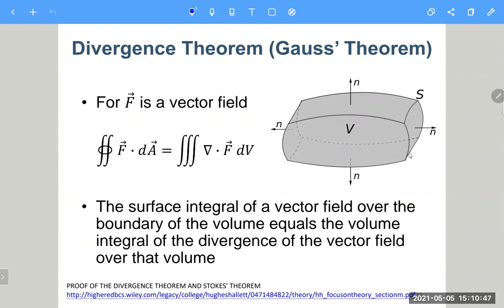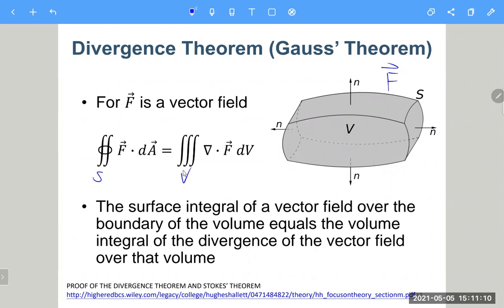So it's like over this space you have F. F is the vector field. And of course, you should define the Gaussian surface. For example, this one is the Gaussian surface. Maybe we can call it S. And this is the volume inside this Gaussian surface.